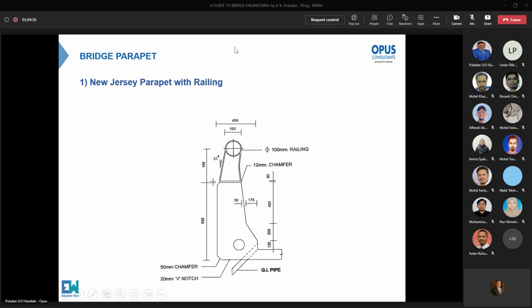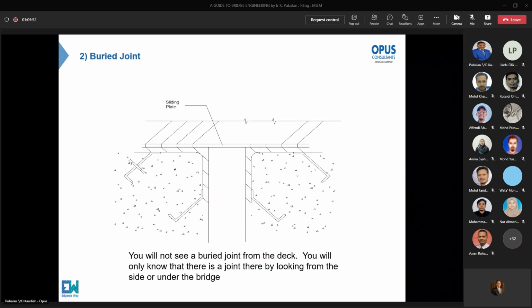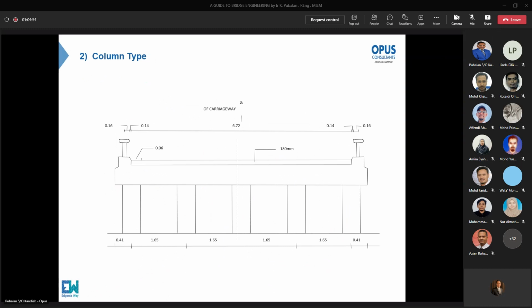Now for bridges which have already been designed for normal containment, when you want to change to high containment, it's very difficult because the beam below may not be able to take the impact load.